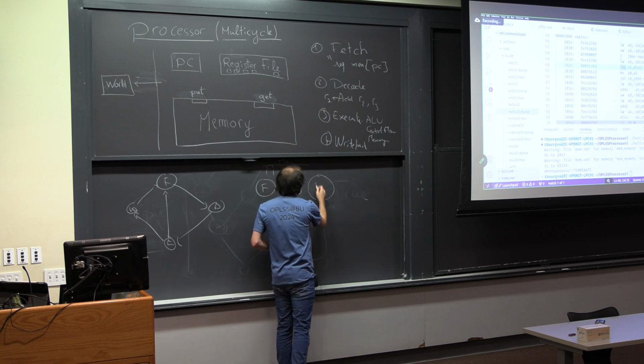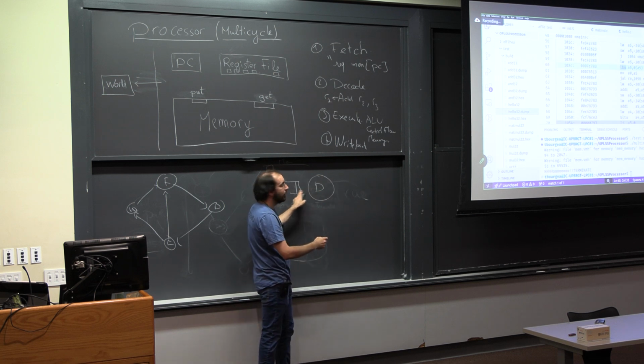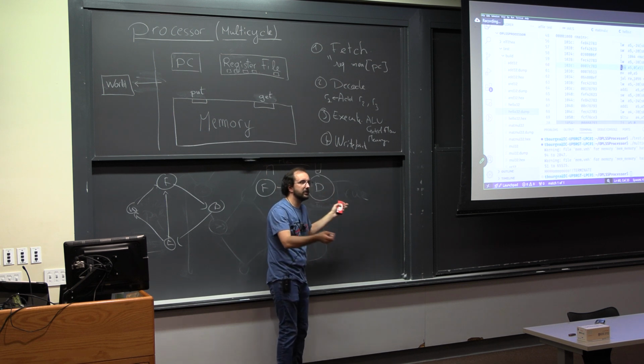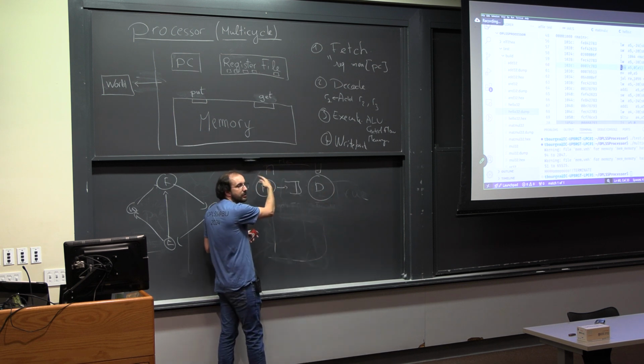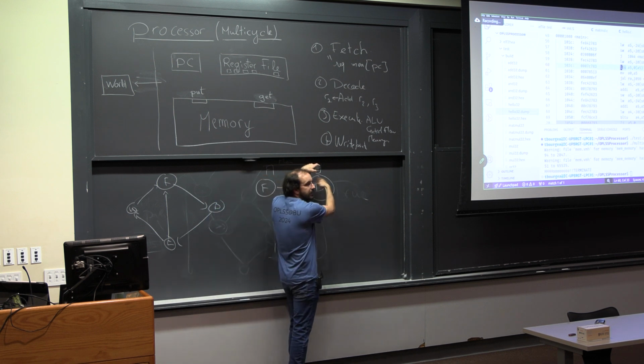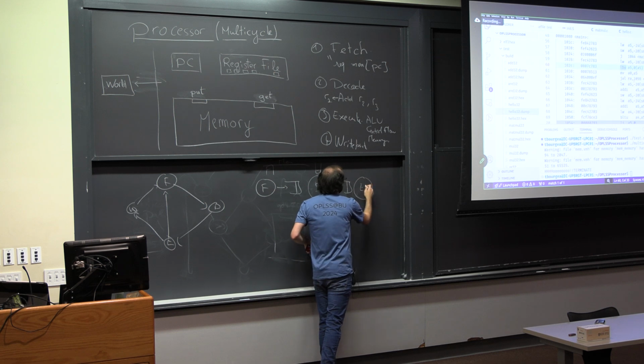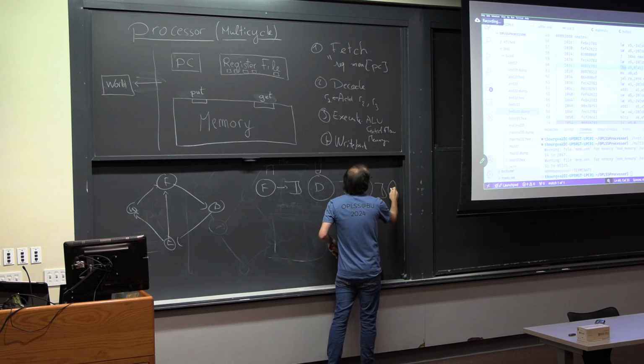Then in decode, you say, what did I just ask for? And you pull from main memory. At the same time that I keep fetching new instructions, I can keep decoding other instructions, push them into a queue to execute them, and push them into a queue to do write back.